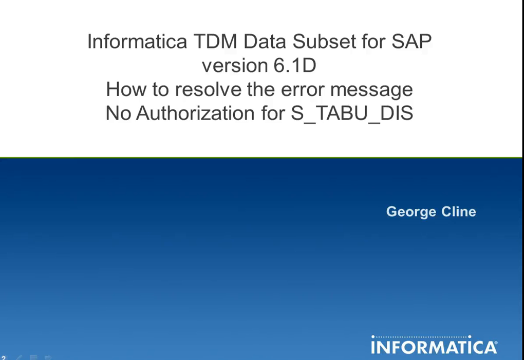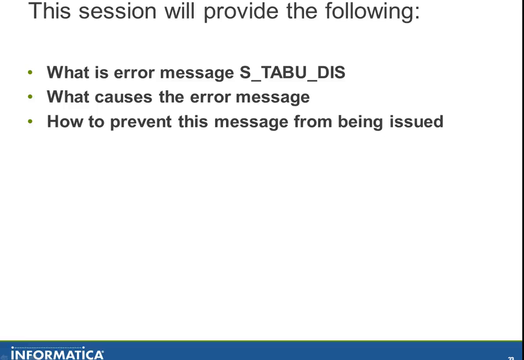My name is George Klein, and during this session we'll be talking about what the authorization error message S_TABU_DIS is, what causes the error message to be issued, and what we can do to prevent that error message from stopping a user from processing a data subset project.